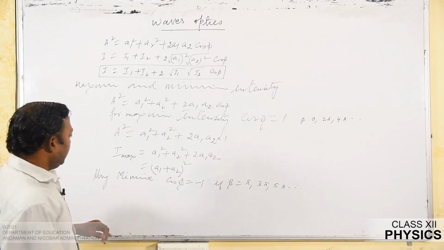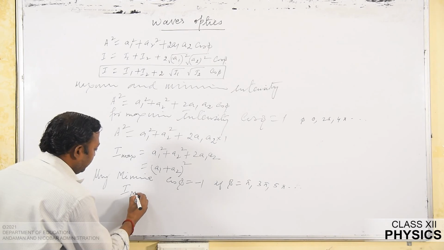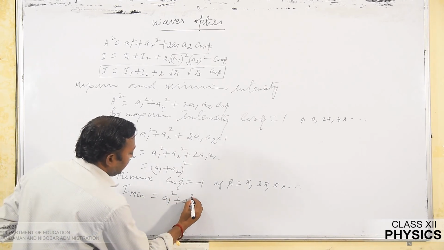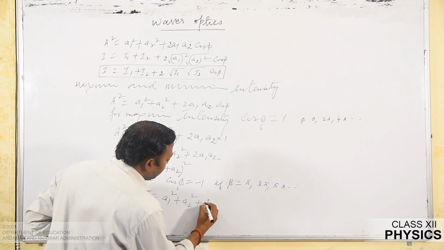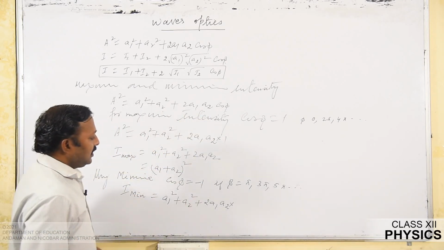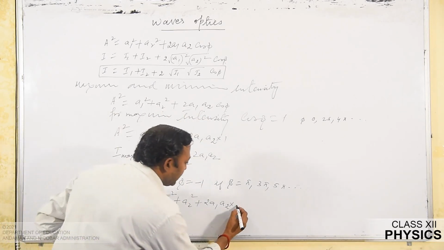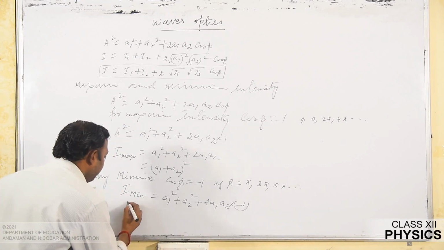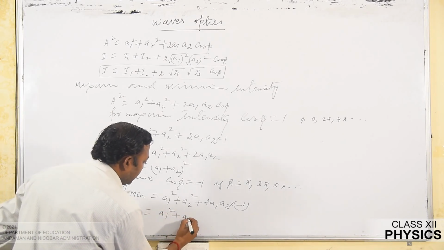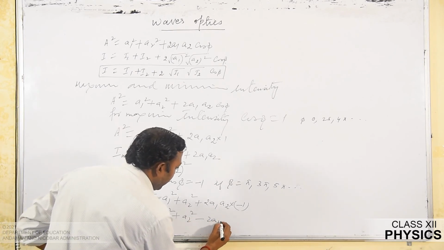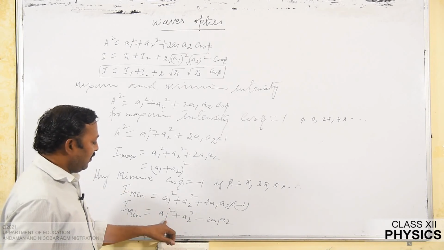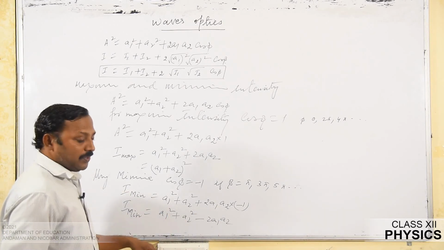So the minimum intensity we will get as I minimum is equal to a1 square plus a2 square plus 2a1 a2 multiplied by the value of cos phi, here it should be minus 1. So we can substitute here minus 1. We get I minimum is equal to a1 square plus a2 square minus 2a1 a2. Further this can be combined in a1 minus a2 whole square form using identity.